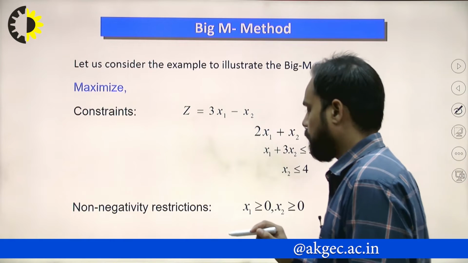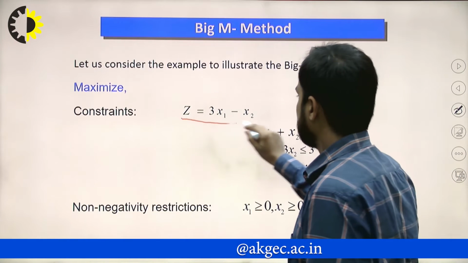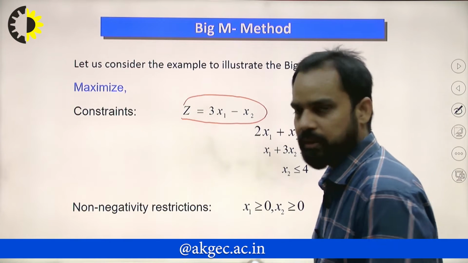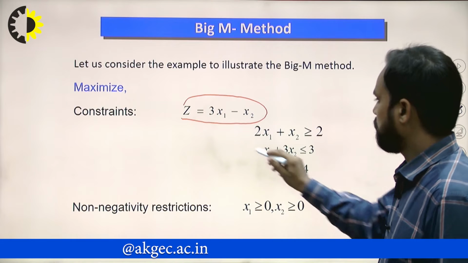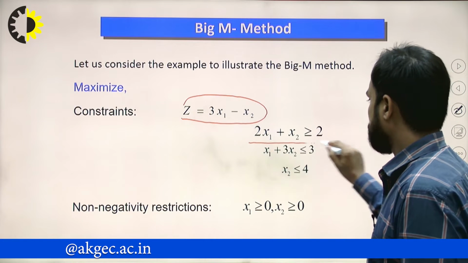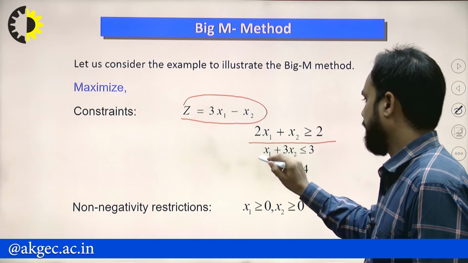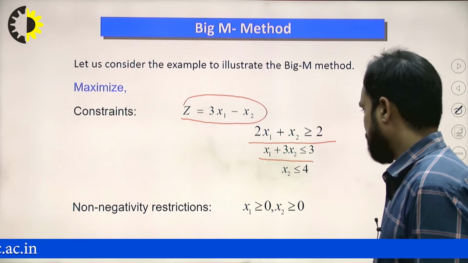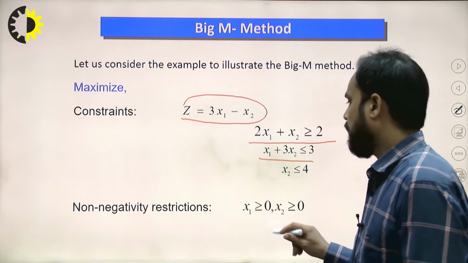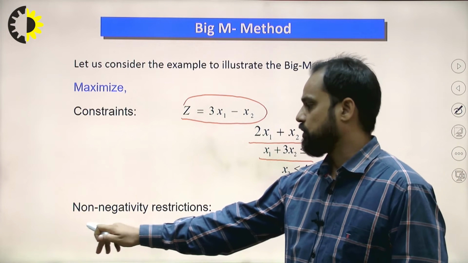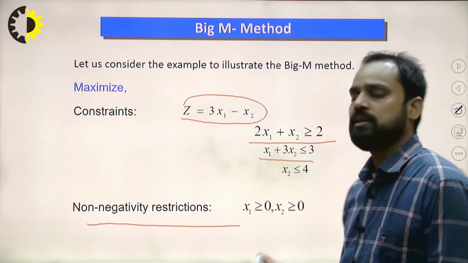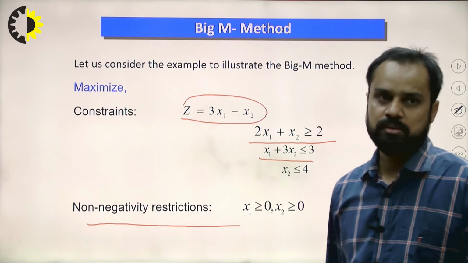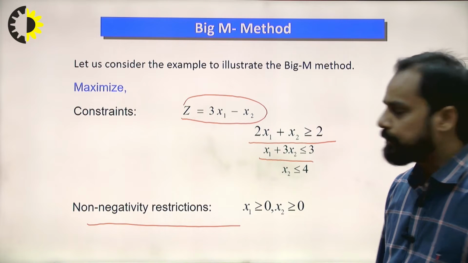Suppose this problem belongs to maximization, and the constraints of the problem are 2x1 plus x2 is greater than or equal to 2, x1 plus 3x2 is less than or equal to 3, and there are non-negativity restrictions: x1 is greater than 0 and x2 is greater than 0, right?